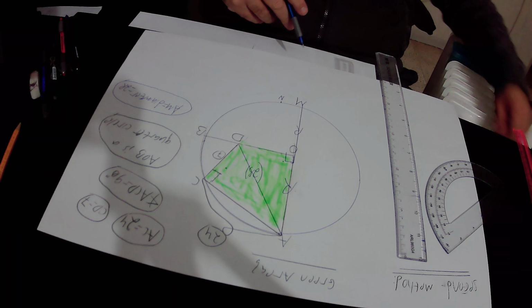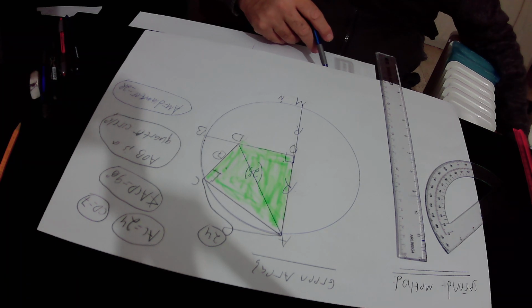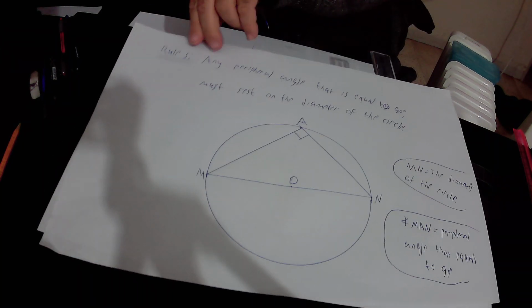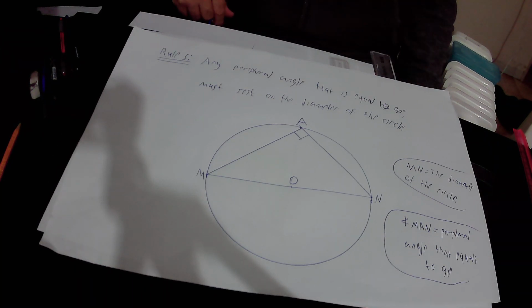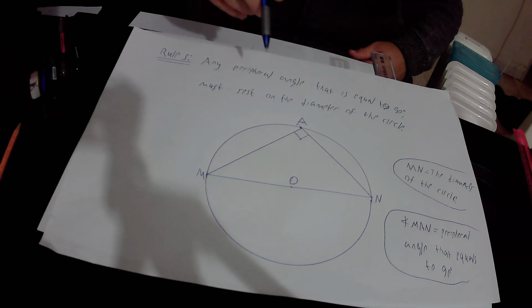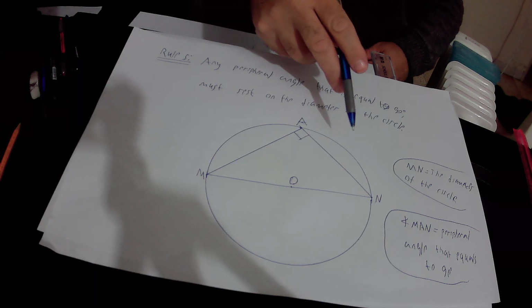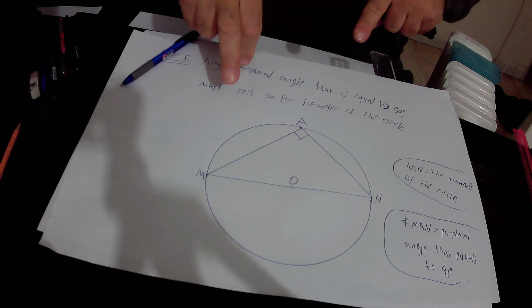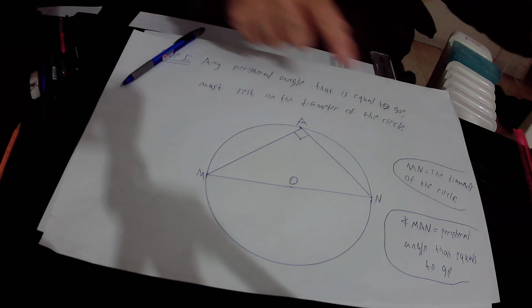According to rule number 5, any peripheral angle that is equal to 90 degrees must rest on the diameter of the circle. Here we have peripheral angle MAN that is equal to 90 degrees. And this peripheral angle MAN rests on MN that is the diameter of the circle.